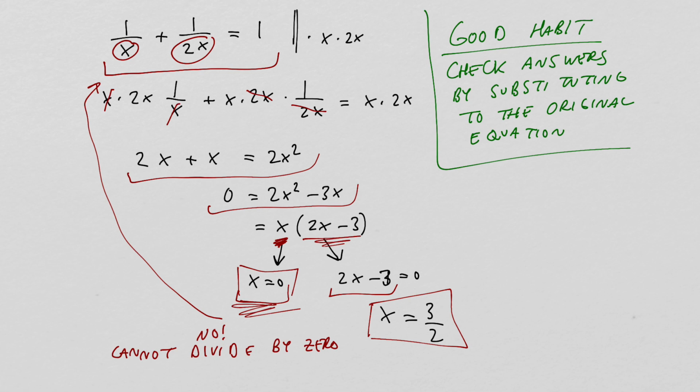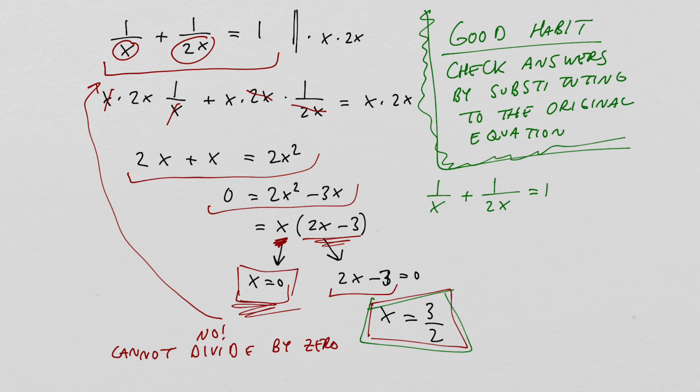It's a good habit to always check your answers by substituting them to the original equation. Let's check this answer. X is 3 over 2. The original equation is 1 over x plus 1 over 2x is 1.